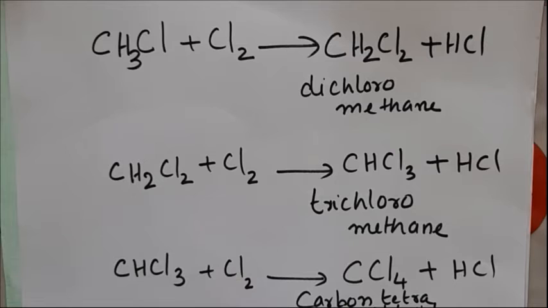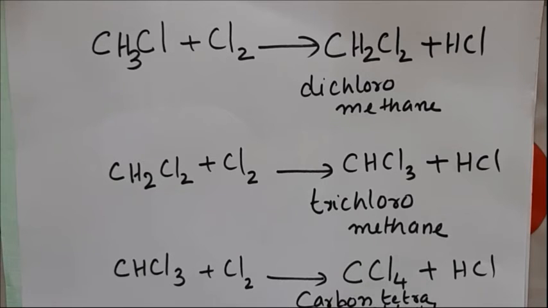That means in the next step, if you replace one more hydrogen atom with a chlorine atom, the new molecule formula is CHCl3 along with HCl. The reaction takes place in the presence of diffused sunlight, and the name of the product is trichloromethane. This is nothing but chloroform, trichloromethane.